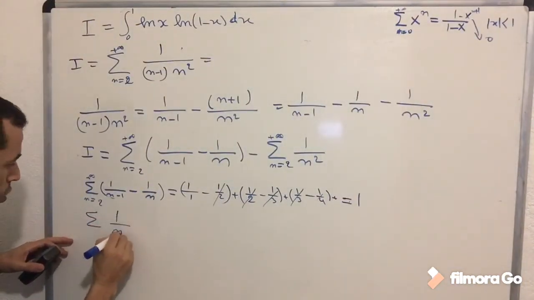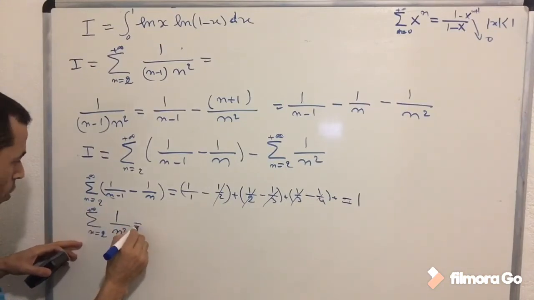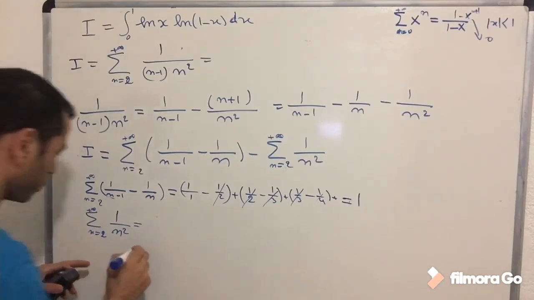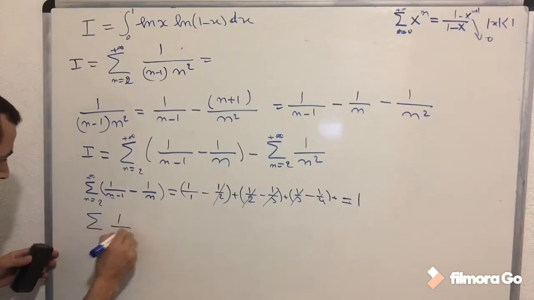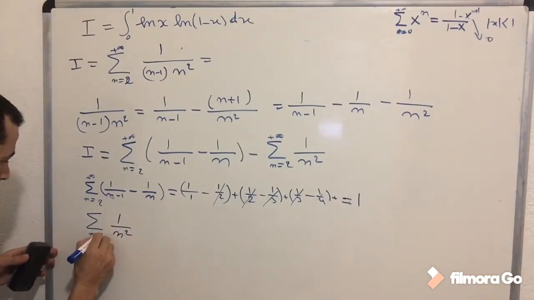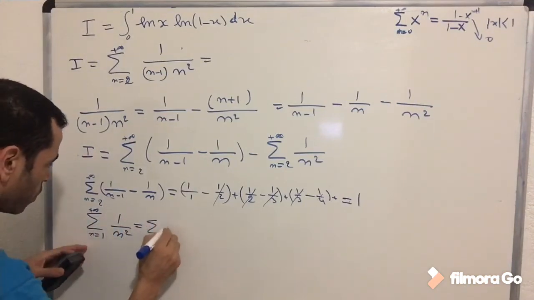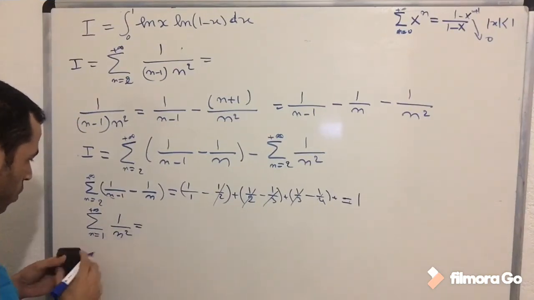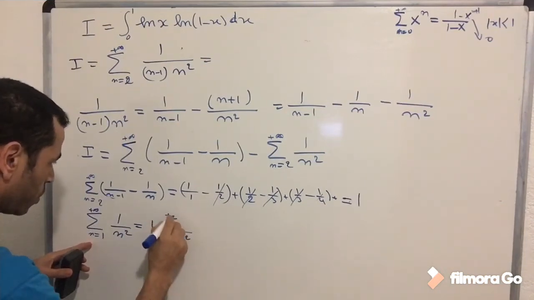This one also has 1 over n squared. The sum of 1 over n squared from n equals 1 to infinity equals 1 plus the sum of 1 over n squared from 2 to infinity.